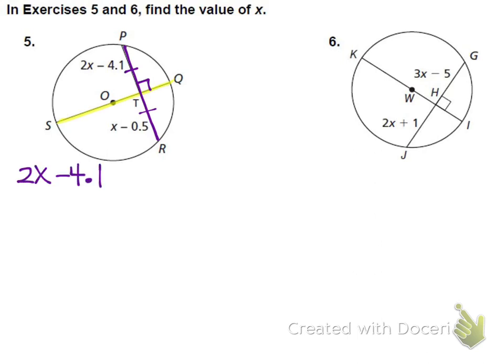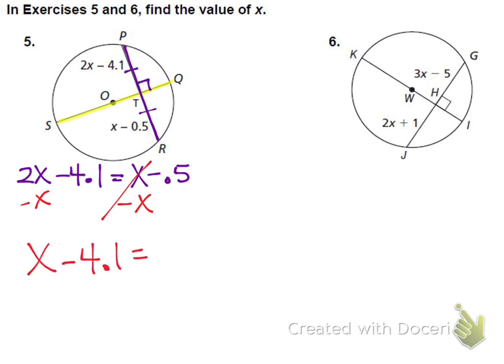So 2x minus 4.1 equals x minus 0.5. Subtract x. 2x minus x is x. You should be able to subtract and add a decimal without a calculator, especially if you're planning on taking the PERT.